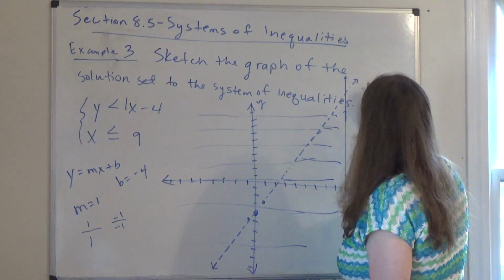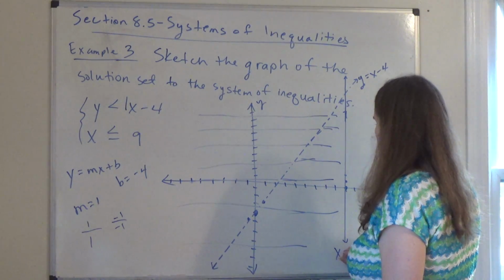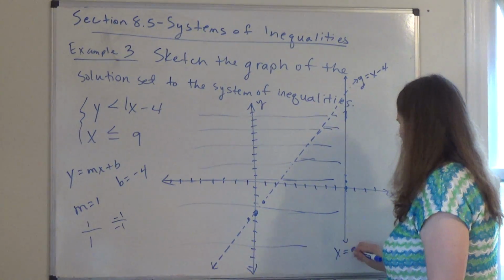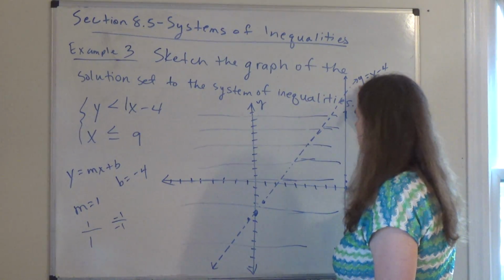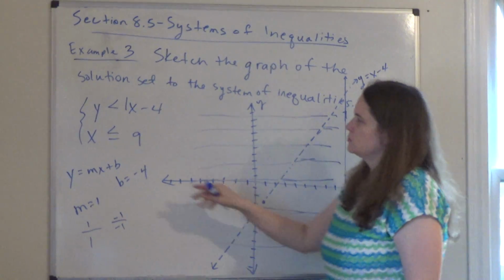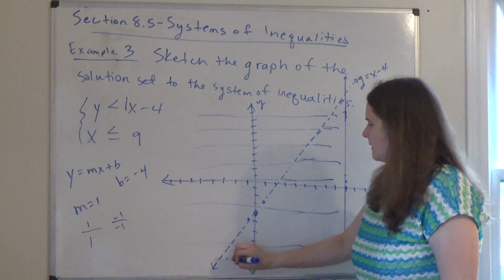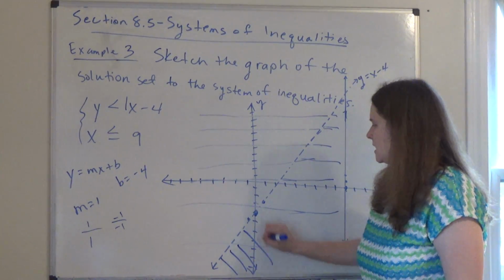Okay. I'm going to label it y equal x minus 4. The other one was x equal 9. And where do I shade around this line that I just drew? It says y is less than, so that means I'm going to shade below. So everything below my dotted line should be shaded.